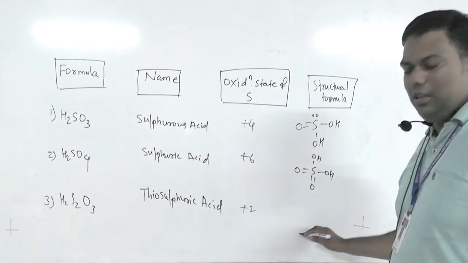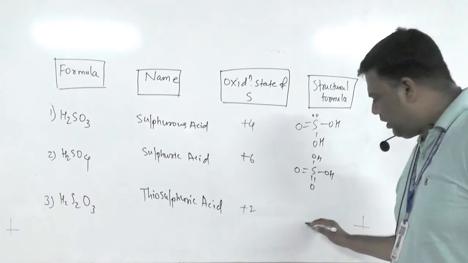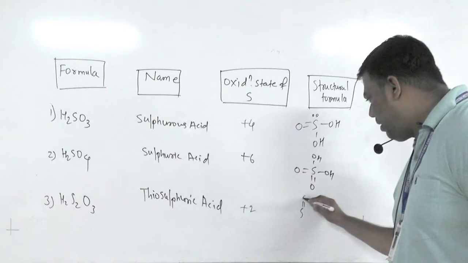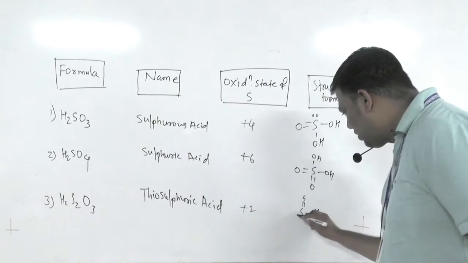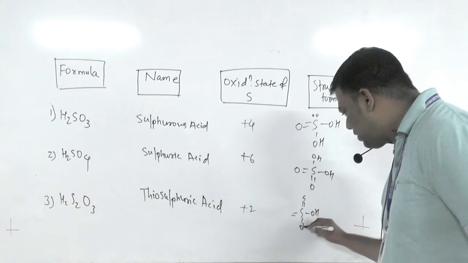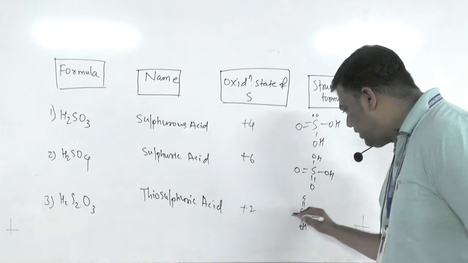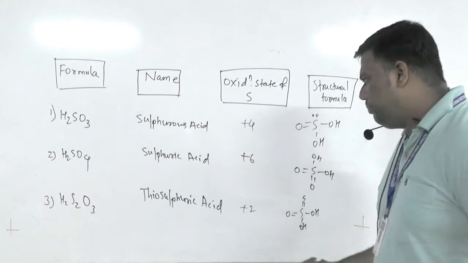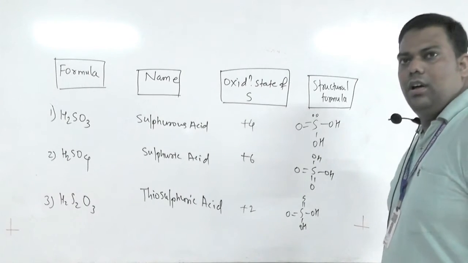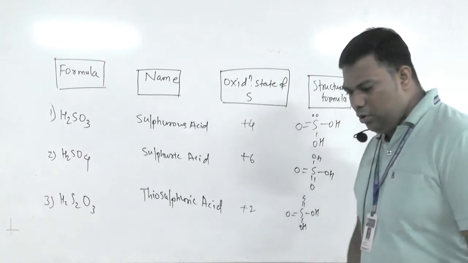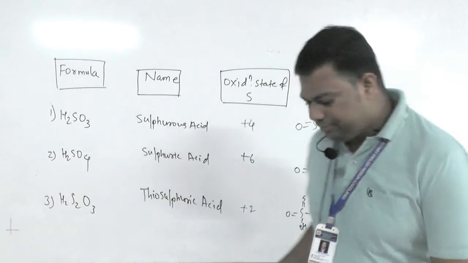Now see the structure: S double bond S, here OH, 1, 2, 3, 4, 5, 6. H2S2O3. Understood? I hope you understood this.